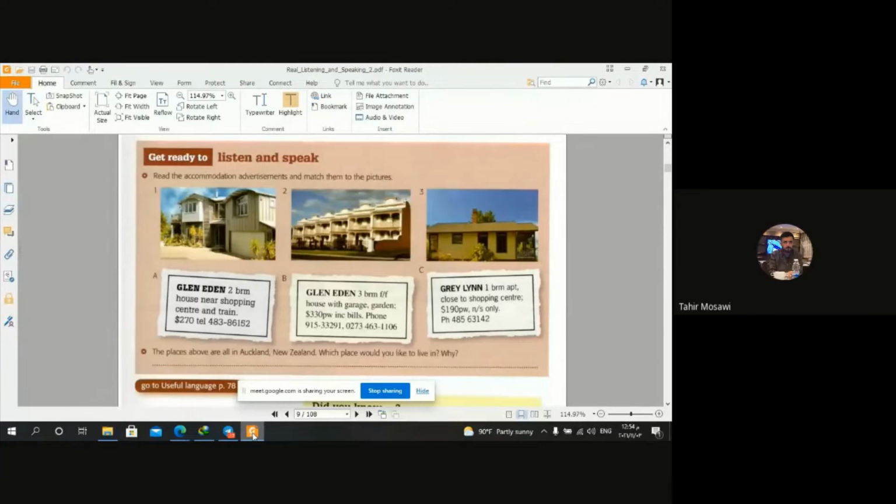What novels have you read? Crime and Punishment, Demons, and a lot of others.